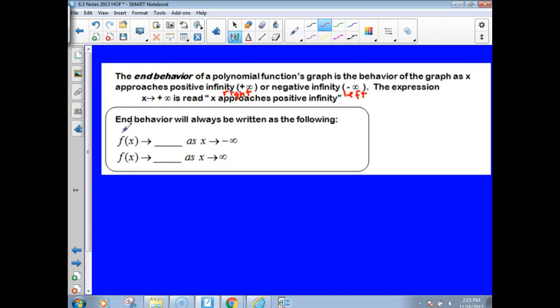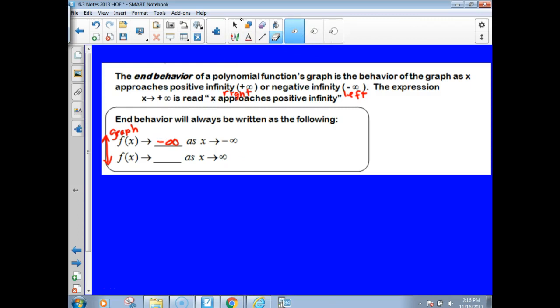The function, this will be the graph, that's like your y. So the y values, what are they doing, going up or down? So this part's about what's happening this way or this way. The graph is either approaching infinity or going towards negative infinity. Let's just write plus or minus.